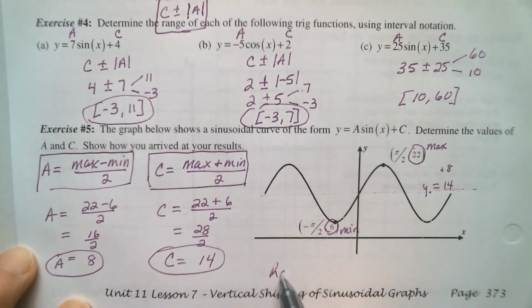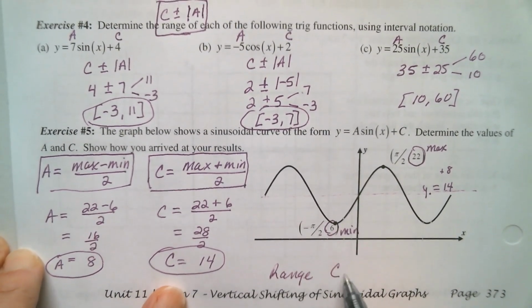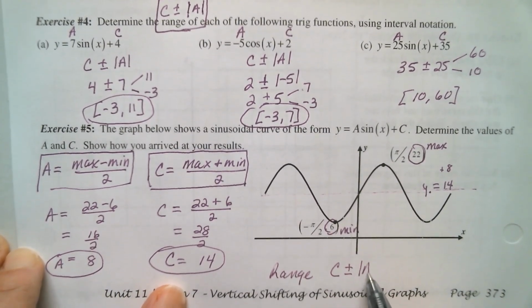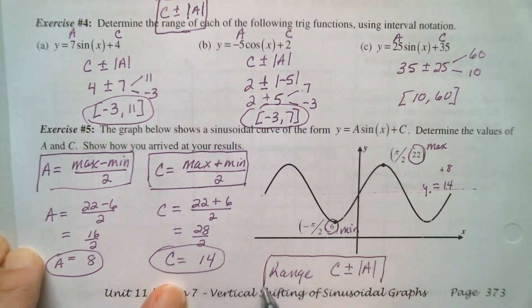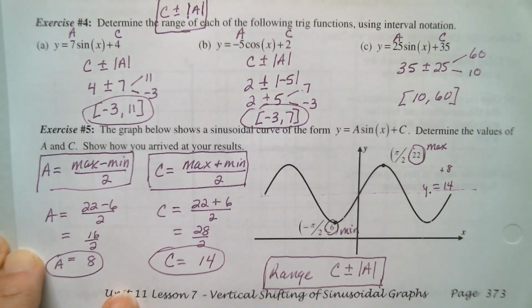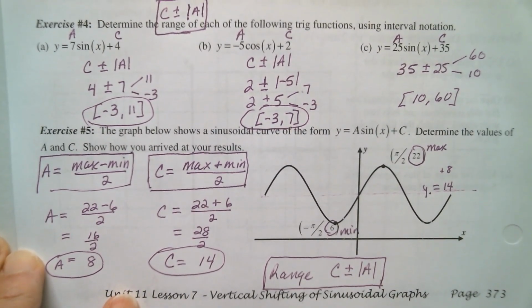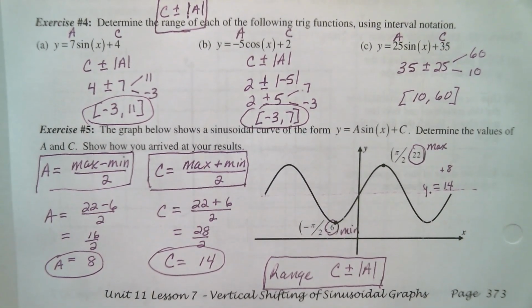So let me just add to the bottom of this. The formula for range is C plus or minus the absolute value of A. All three of these formulas you have to memorize. So write them down a couple of times, at least 3 times on a separate sheet of paper. Highlight them, commit them to memory.